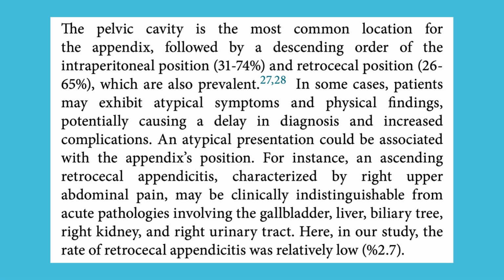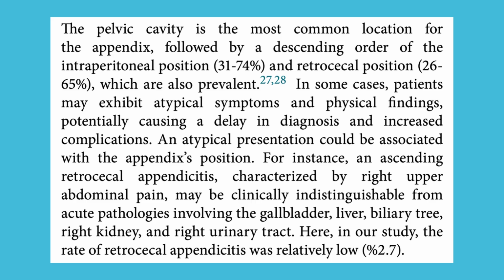The pelvic cavity is the most common location for the appendix, followed in descending order by the intraperitoneal position, 31 to 74%, and retrocecal position, 26 to 65%, which are also prevalent. In some cases, patients may exhibit atypical symptoms and physical findings, potentially causing a delay in diagnosis and increased complications.